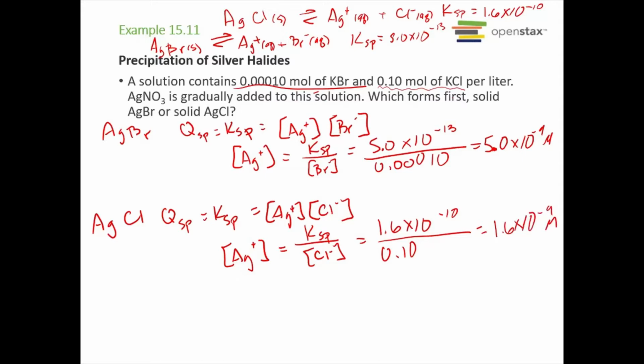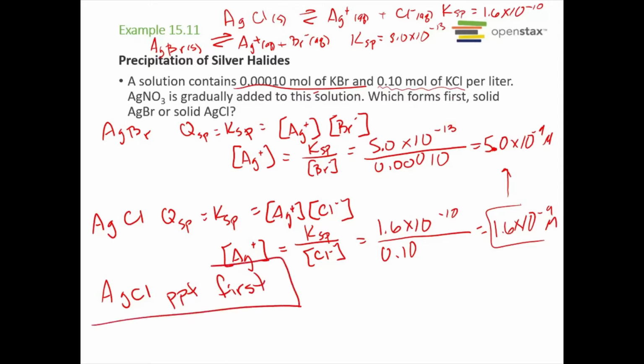So that means it begins to precipitate when we have a concentration of 1.6 times 10 to the negative 9th molar. So if we look at this, the concentration is actually lower than bromide. So in this case, AgCl is going to precipitate first because you need less silver for this one than you do for the bromide. So you really have to do the math to make sure.